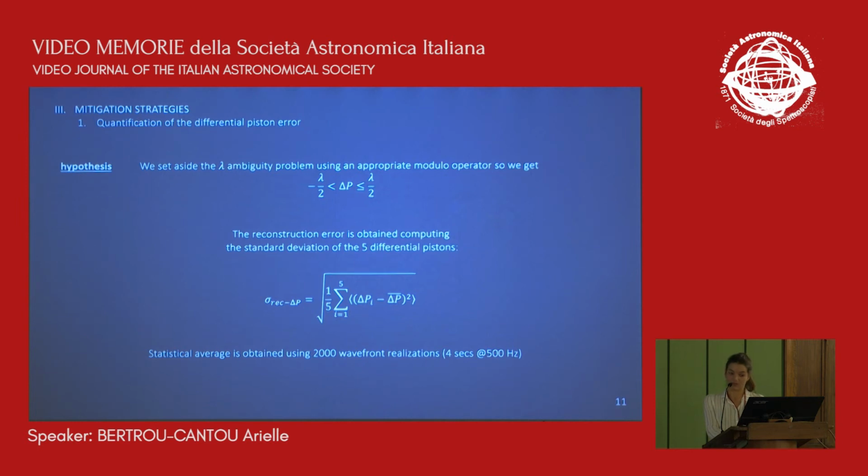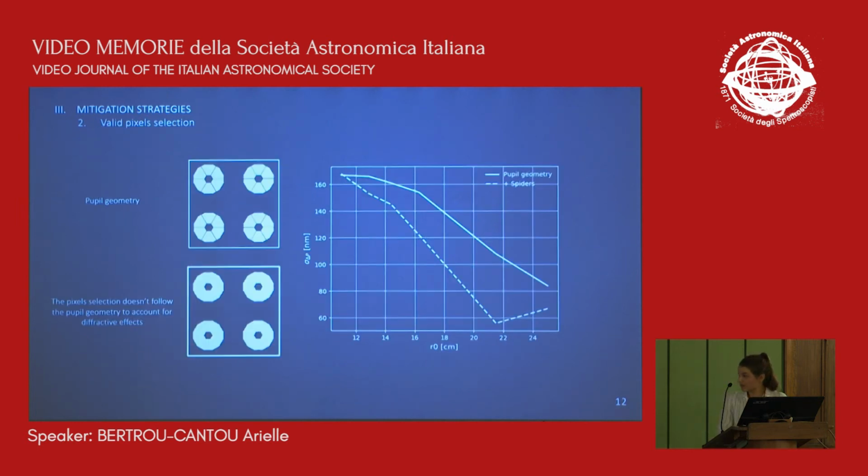So for instance, we can investigate the valid pixel selection. As I said, the differential piston is sensed by the pyramid because of a diffraction effect, meaning that the signal is outside the pupil geometry.